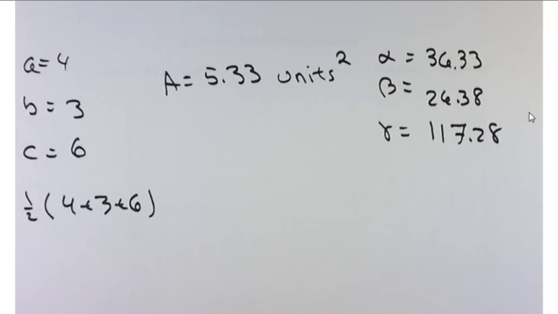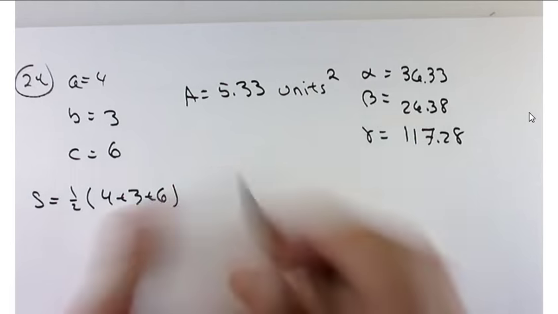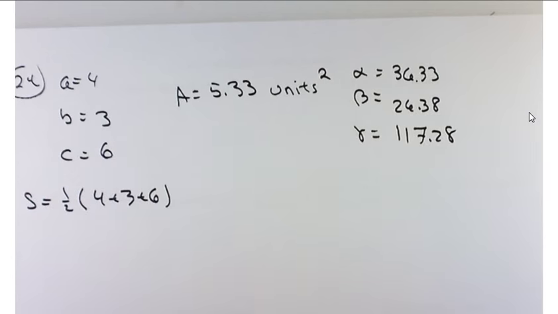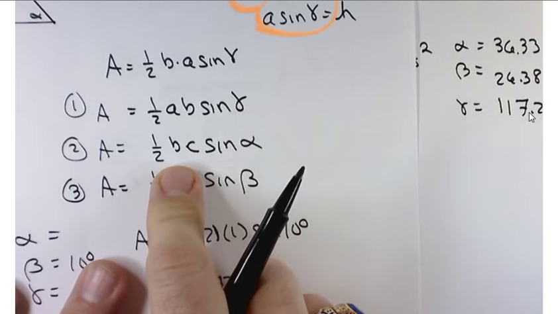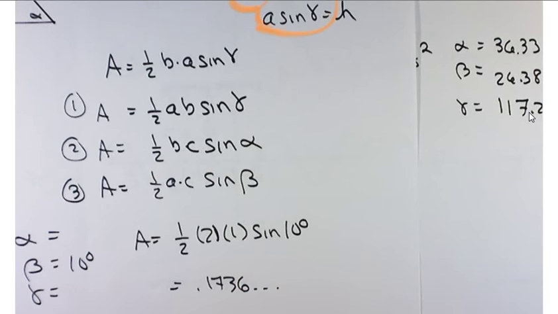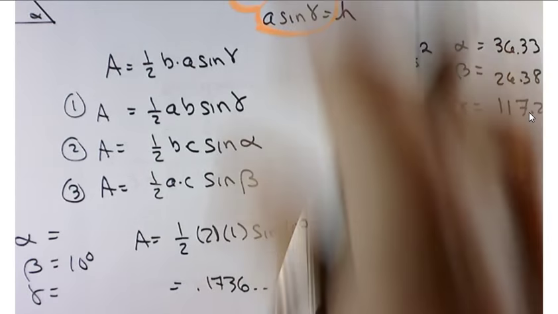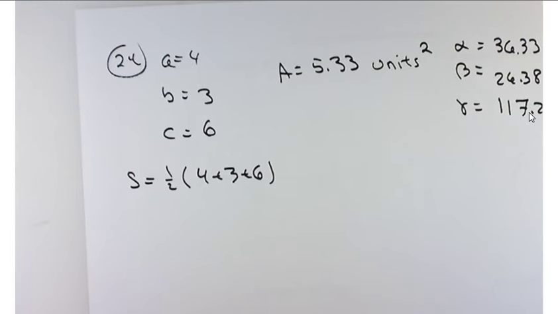Let's see if we can't use our other formula to confirm this area result. So we had 3 different versions of that other formula. These 3 right here, just pick one of them. I mean, you've got the information to do all 3, but just pick one of them.